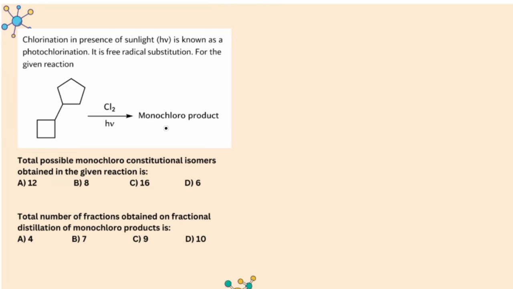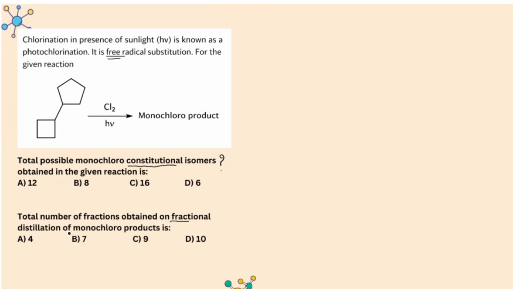So you are going to get monochloro products through a free radical mechanism as it is happening in presence of the sunlight. So you are supposed to find out how many constitutional isomers are possible for the given reaction and also the total number of fractions obtained on fractional distillation of the monochloro products.